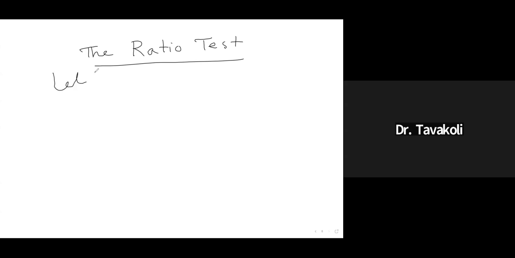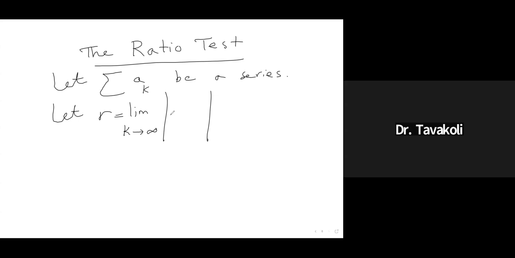So let sigma of a_k be a series, and let R be this limit: the limit as k tends to infinity of the absolute value of this ratio, a_(k+1), which means the (k+1)th term, over a_k.